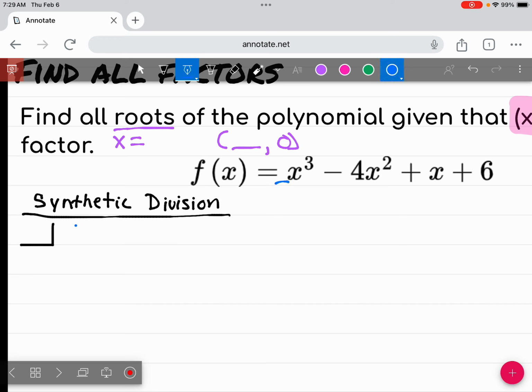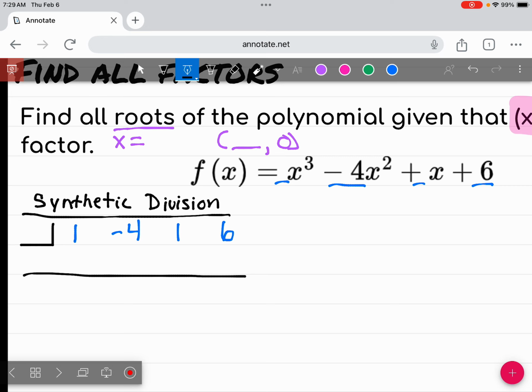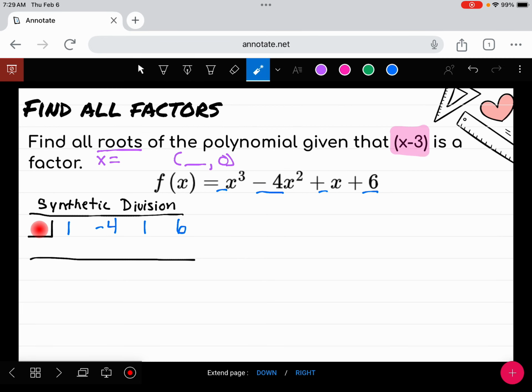I've got my 1x cubed, my minus 4x squared, my 1x, and my 6. We're going to skip a line, draw a line. And then we have to figure out what's going in the little box up here.